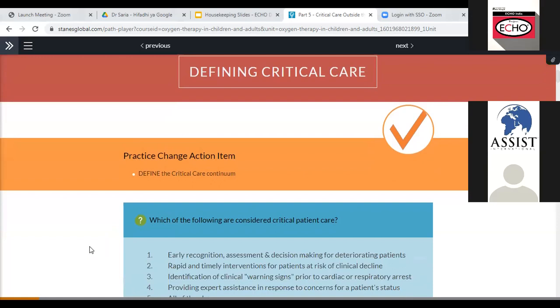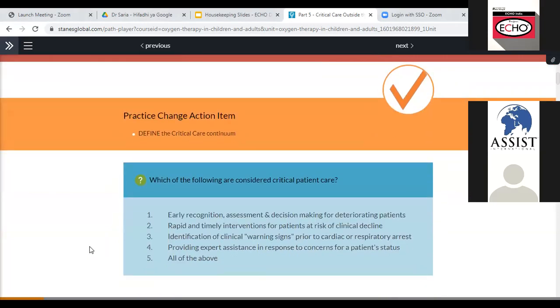At the end of my presentation, we need to understand what the critical care continuum is. But before that, I want us to respond to a question. Which of the following are considered critical patient care? There are 5 options. Just write what you think is the correct option among those 5, then drop it in the chat box for a few seconds, then we shall discuss. Participants, be free to drop whatever answer you think is right.